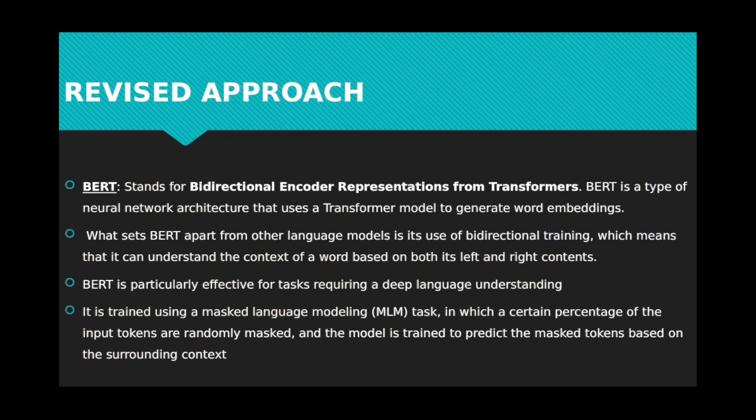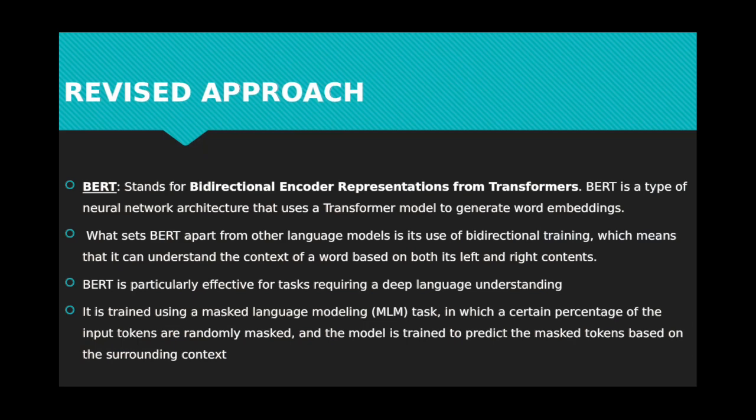What set BERT apart from the other models in this context was that it has bidirectional training. Basically, it could take both the phrase on your left and on your right, and randomly mask some of the phrases in the entire sentence, and then you can see whether or not it can detect the similarity.